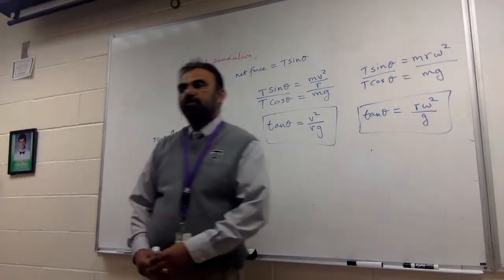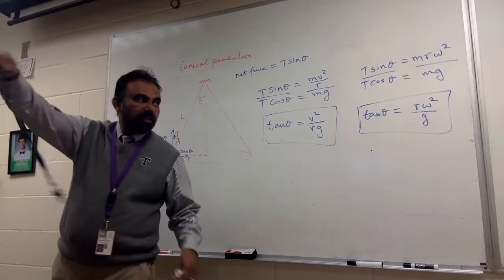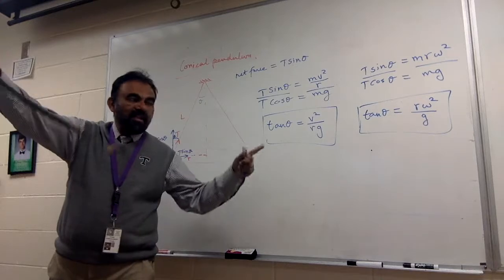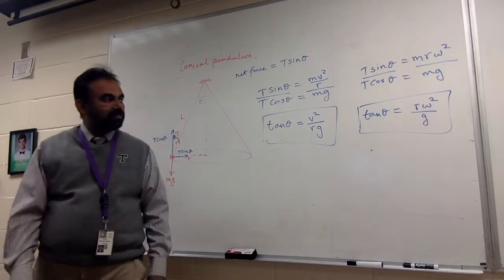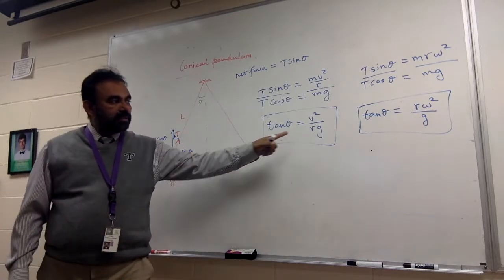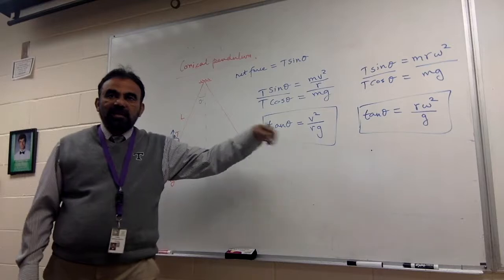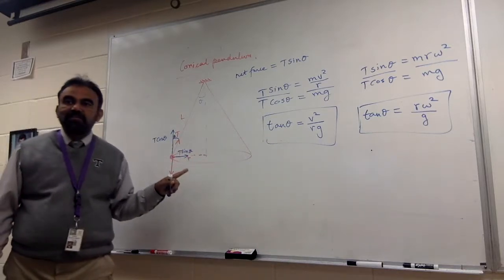So what will happen if you make it spin faster and faster? You can see that the angle increases, right? Now, the radius has a maximum value, which is what? How much maximum radius can it take?